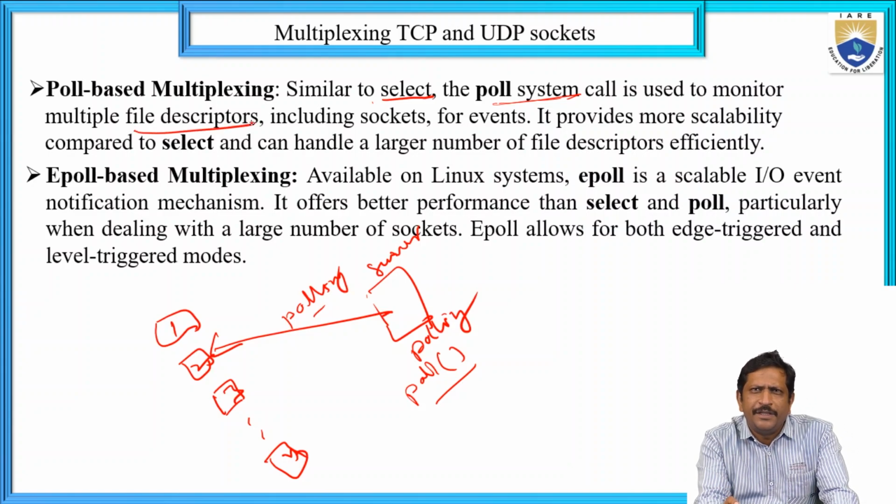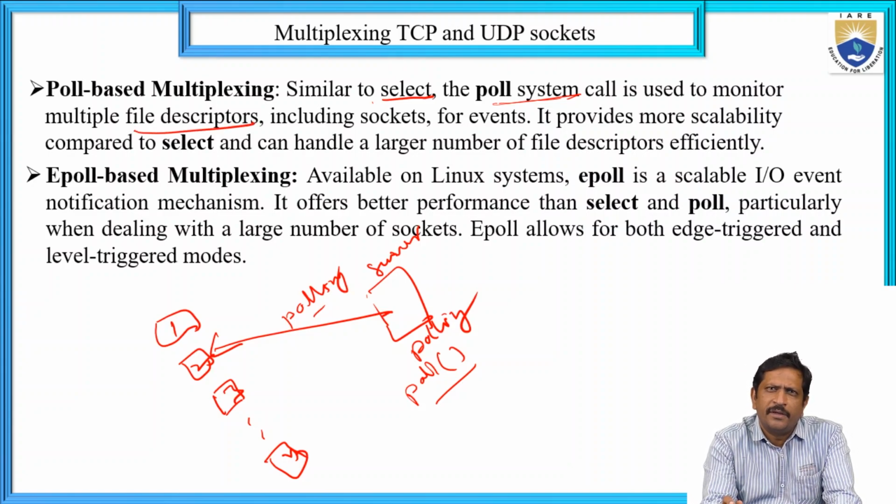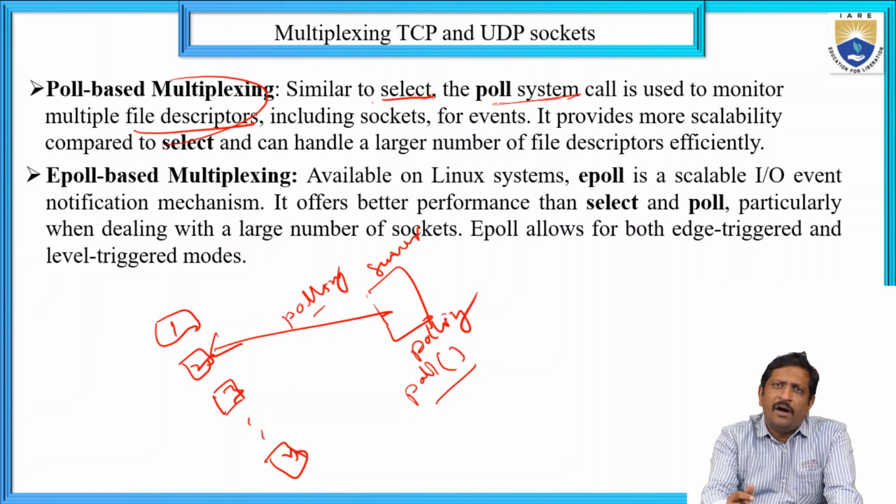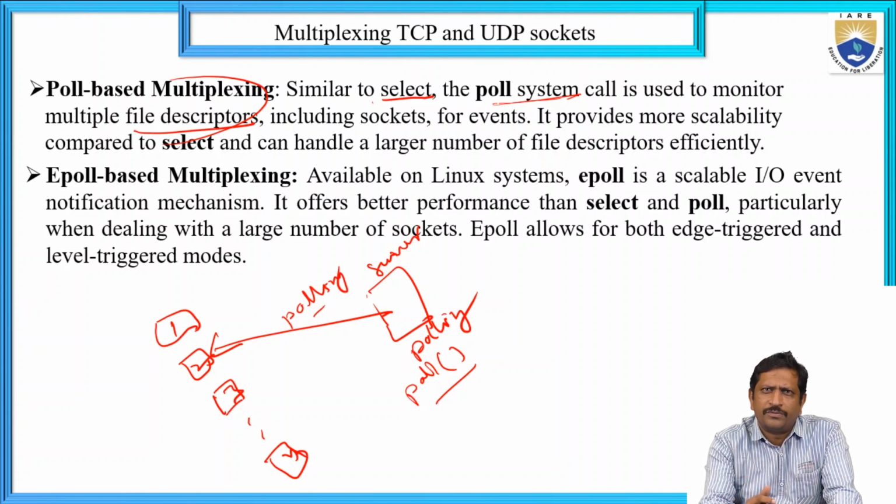Here the file descriptors, which is the monitoring. Multiple file descriptors means that a file descriptor is one event, one value, which is opening the socket or opening the file, or performing reading and writing operations for input and output.